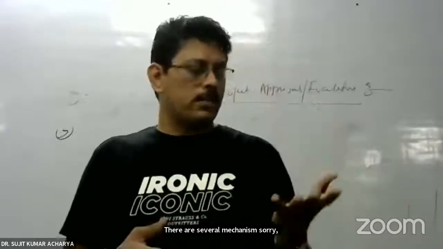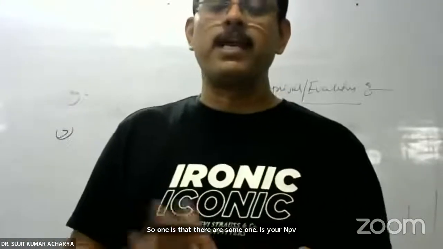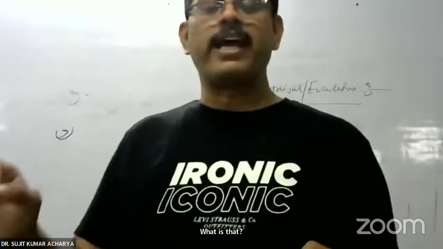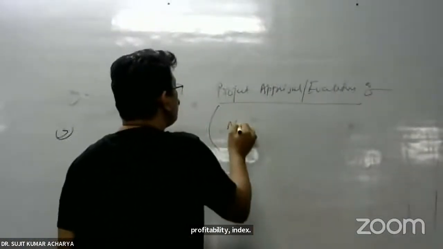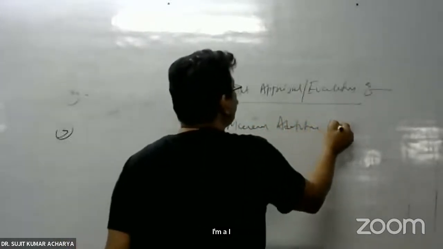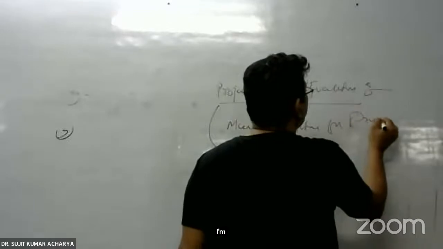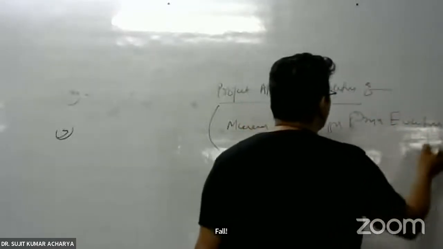There are five or six of them. One is NPV, net present value analysis. Profitability index. What are the mechanisms adopted for project evaluation?